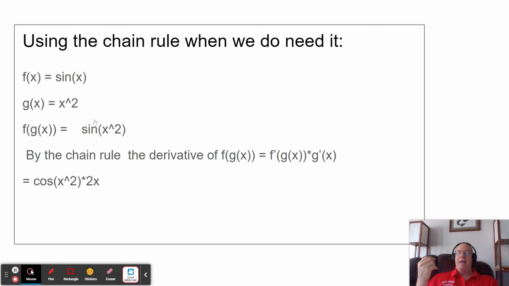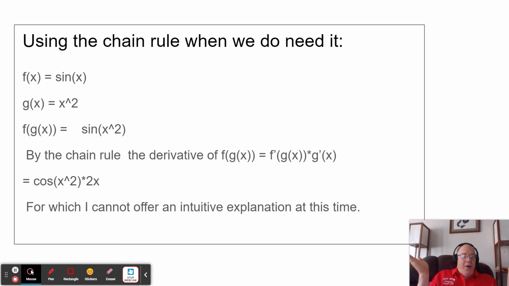The derivative of the sine is cosine, and the derivative of x squared is 2x, which we multiply by the cosine of the function that is composed. And so we get 2x cosine x squared or cosine x squared times 2x, whichever way. Usually it's probably more clear to put the 2x in front because you don't accidentally confuse whether or not the 2x is inside the argument of the cosine function.